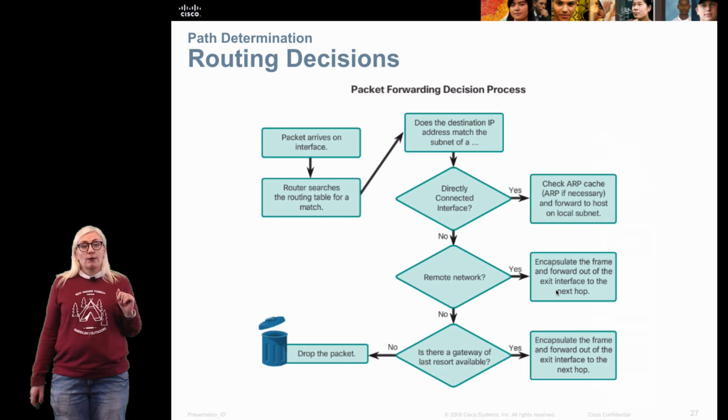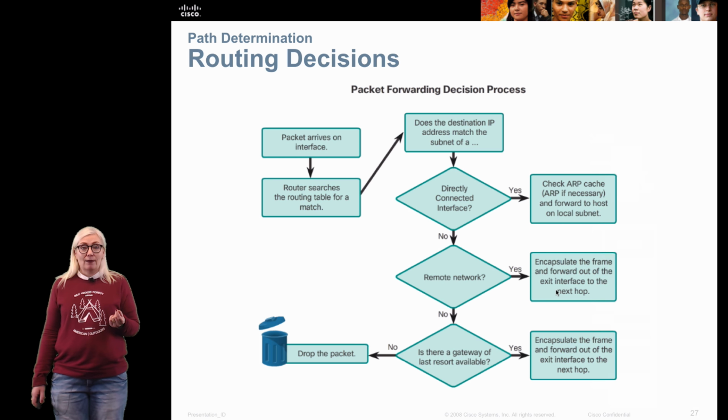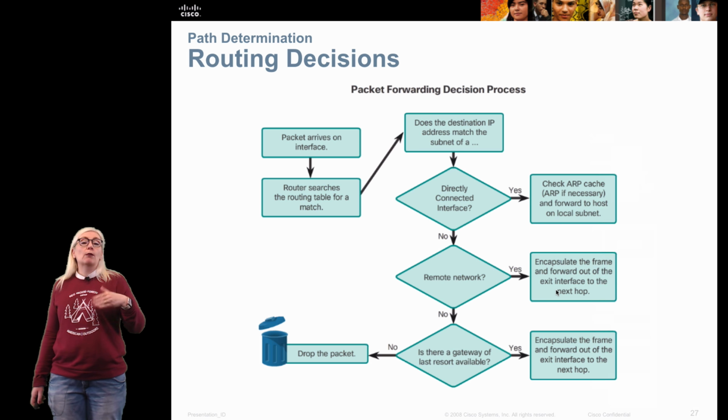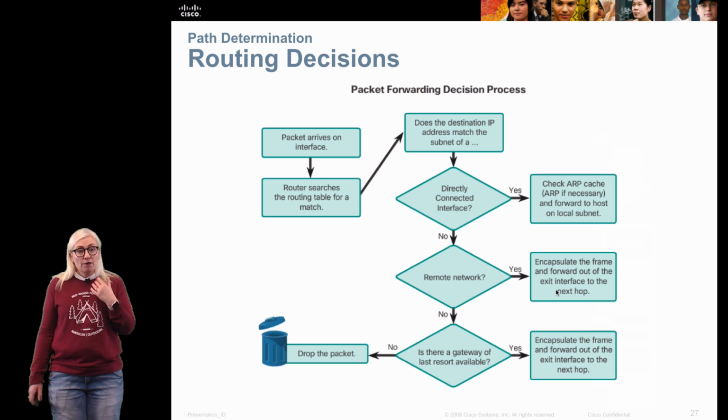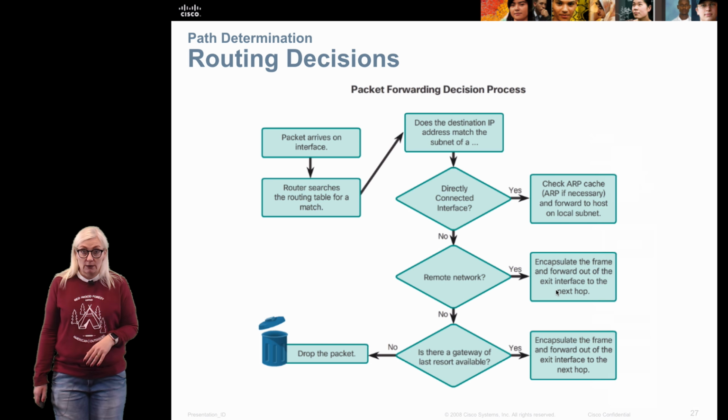Otherwise, if it's a remote network, then it will find out what is the next hop. And if there is none of these two, then it will check the third thing, which is whether it's a gateway of last resort, whether a default network is available. So whatever I don't know about, I will send to a specific address. If no, then it will drop the packet and say, I don't know what to do with this one.